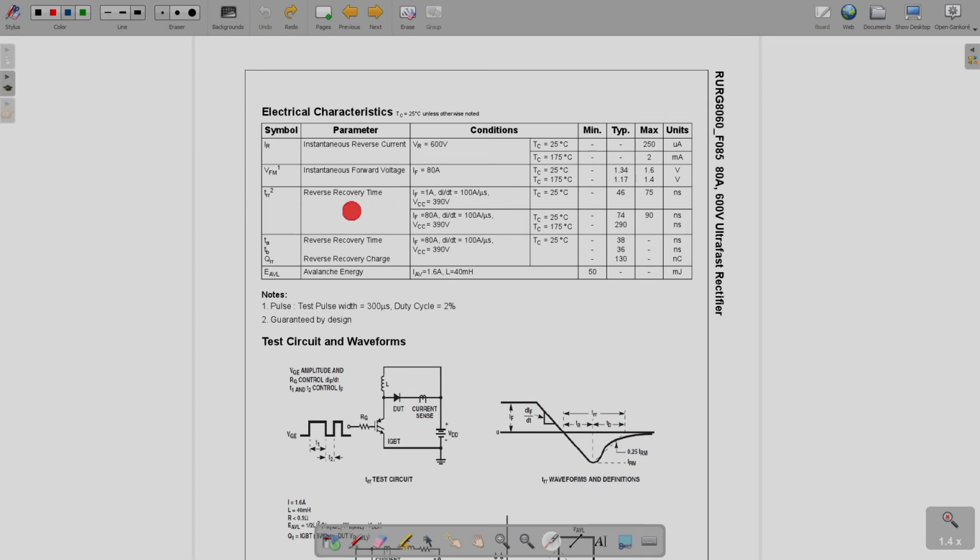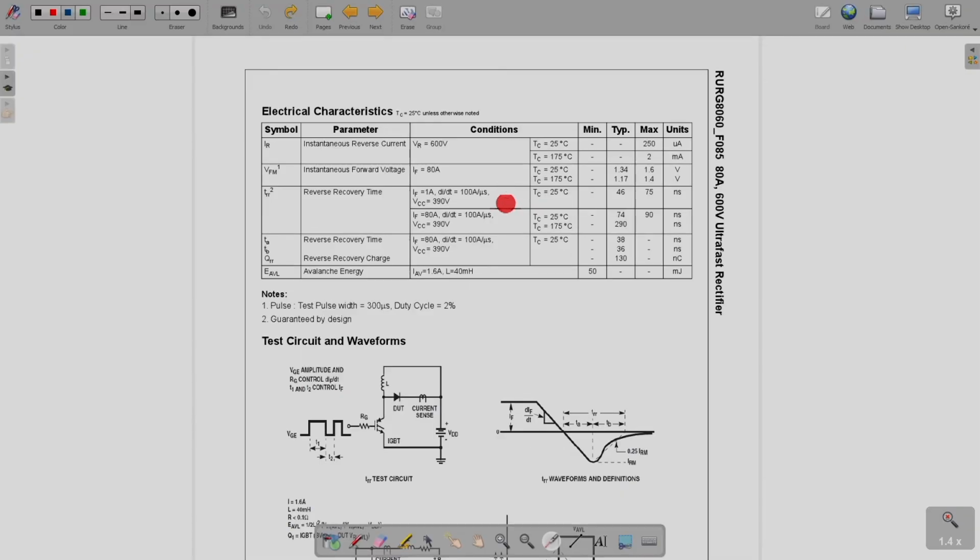Then the reverse recovery time, your TRR, is provided for different conditions, and this is also given for the di by dt rate the manufacturer had used. This is what I told you before also: many times in the data sheet, the turn on and turn off specifications are given for a particular di by dt.